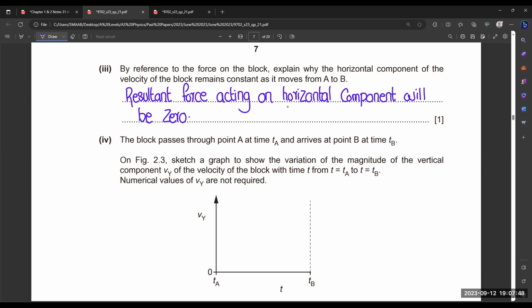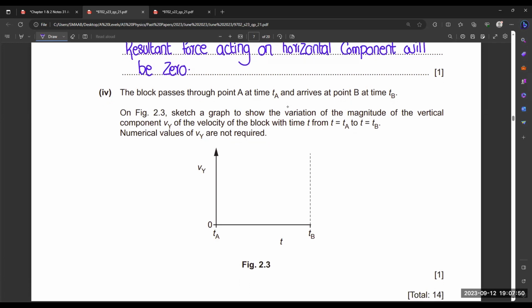And the last part: we have to draw a graph.